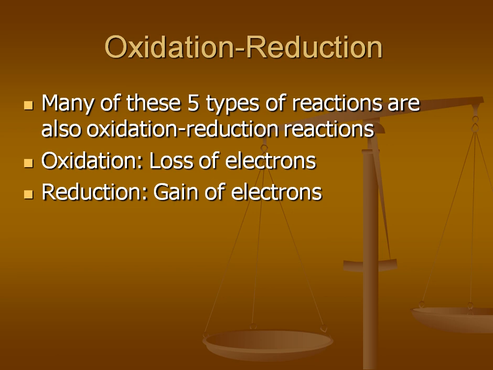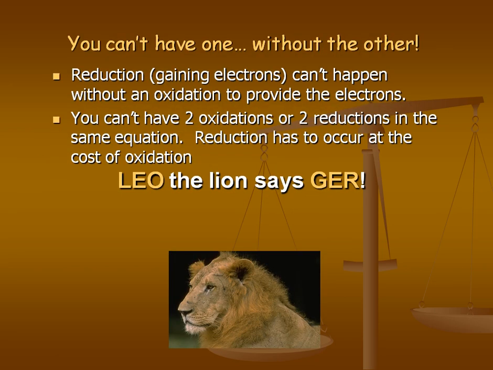parameter. We have various types of parameters to define oxidation reduction, especially in terms of oxygen and hydrogen. Reduction, gaining electrons, can't happen without an oxidation to provide the electrons. It means where there is reduction, oxidation should be there. This is the meaning. The short term LEO the lion says GER: loss of electrons is known as oxidation, and gain of electrons is known as reduction.